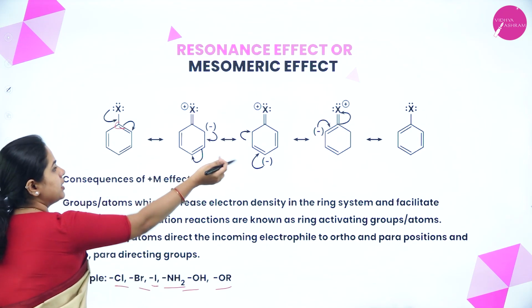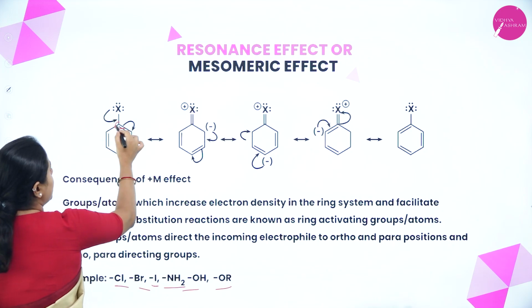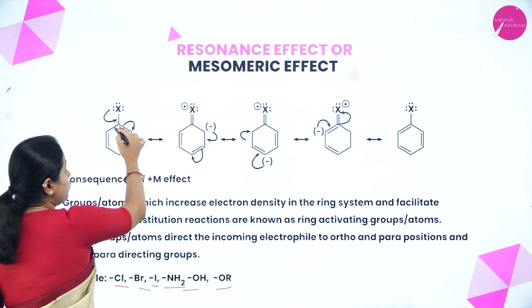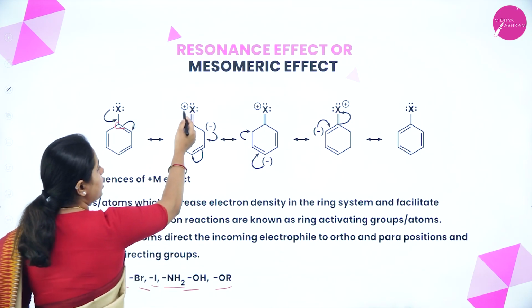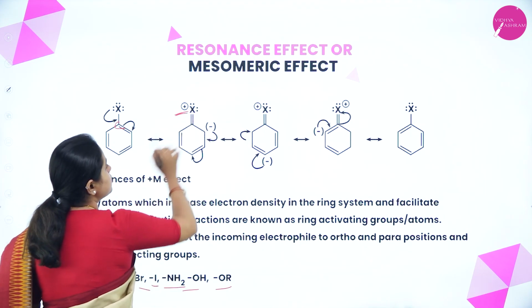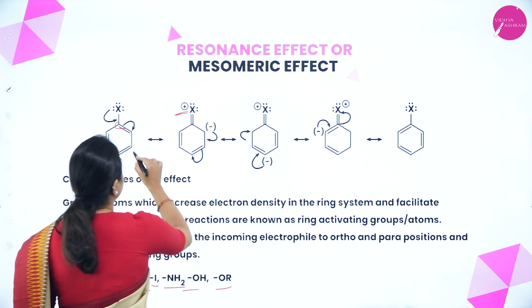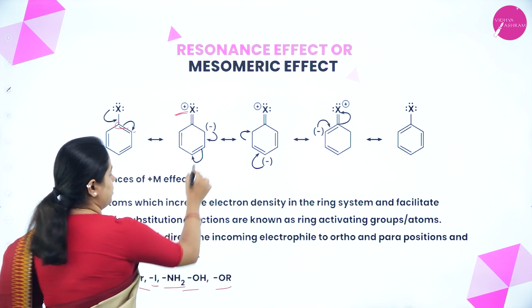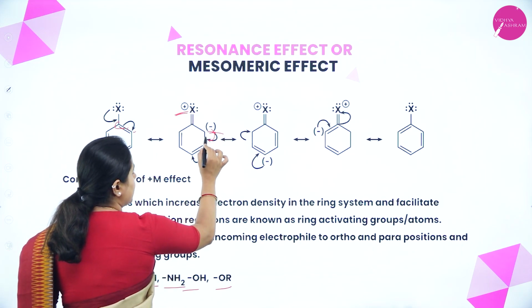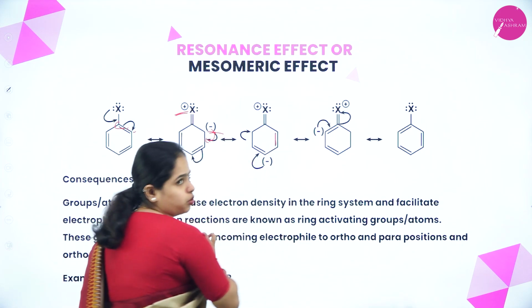So as you can see, again, the resonance structures. First the lone pair of electrons will be shifted here, so this becomes a double bond. Right, one pair of electrons is gone, which means this becomes positively charged. And this particular double bond is shifted here, and it becomes a negative charge here. Right, and when this negative charge comes to this position, a double bond is shown here.